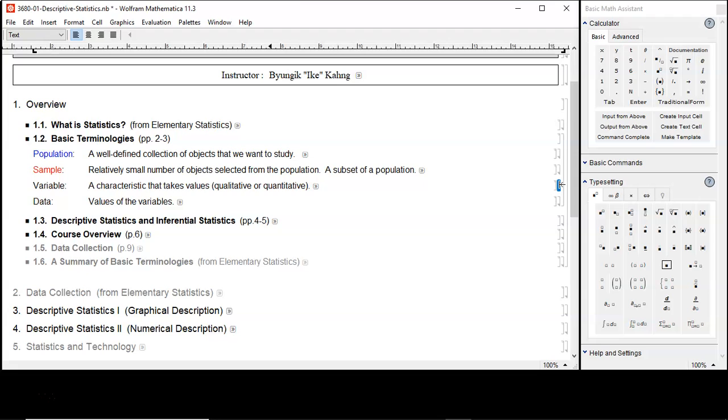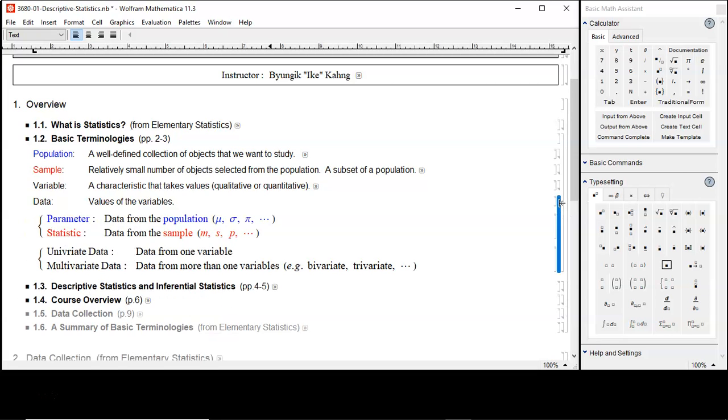Finally, let's talk about data. Data means values of the variables, and they can be either qualitative or quantitative. They can be classified like this. Parameter means data from a population. Statistic means data from a sample. It's easy to remember, P is P, S is S, and also please pay attention to the color coding.